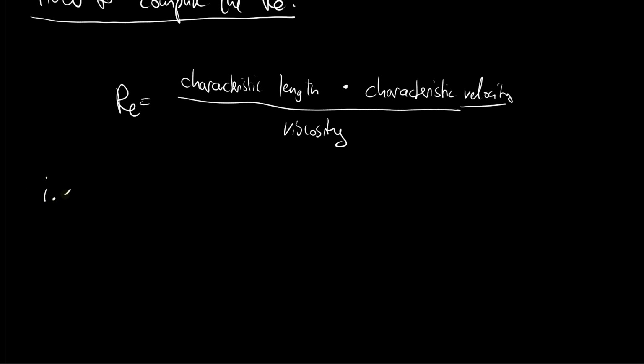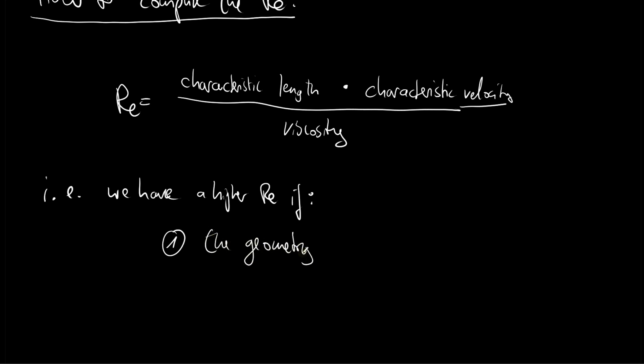So let's say we have a higher Reynolds number if, first point that can happen, our geometry is larger. So the geometry is large. Or second point, this one here, our flow moves fast.